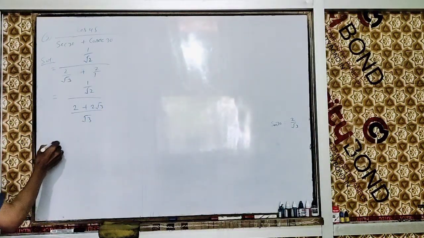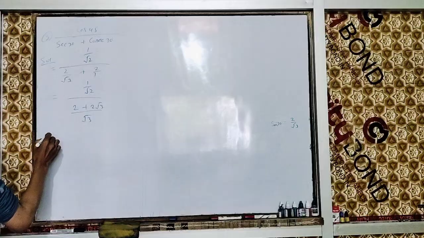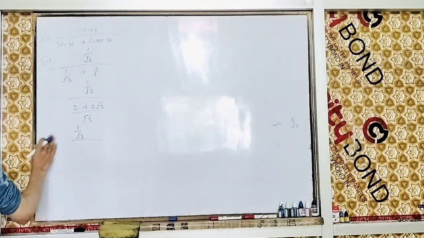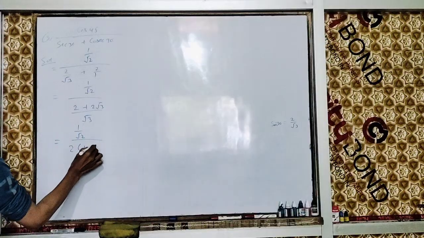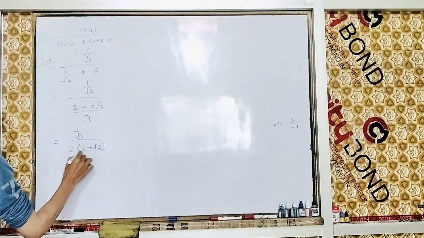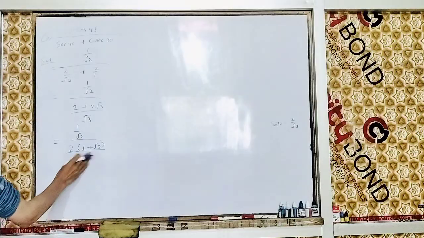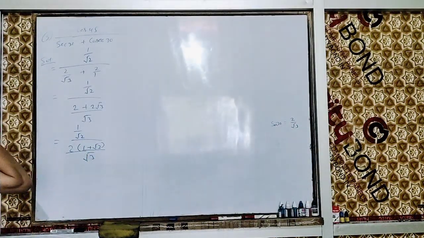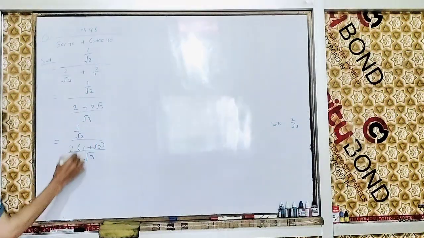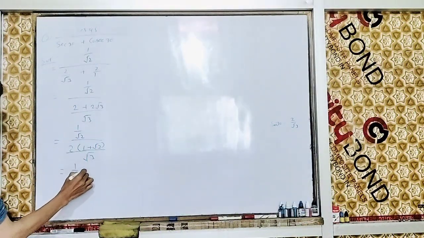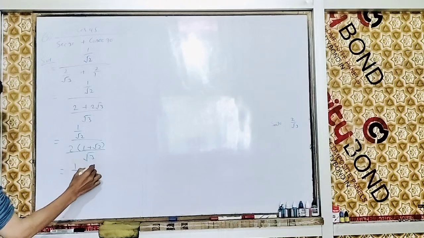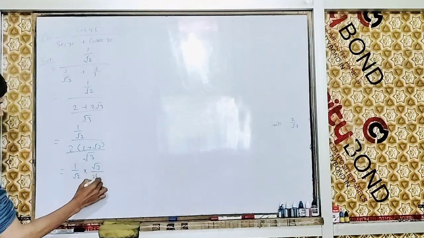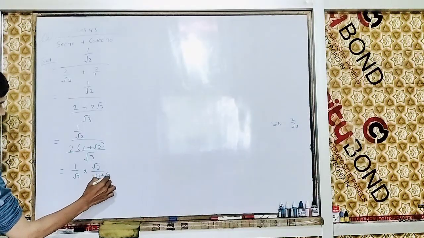You can see this 2 root 2 is common. 1 upon root 2 and then 2 is common. 1 plus root 3 upon root 3. Here it will be 1 root 2, then this will go upward and this will come downward. 1 plus root 3.